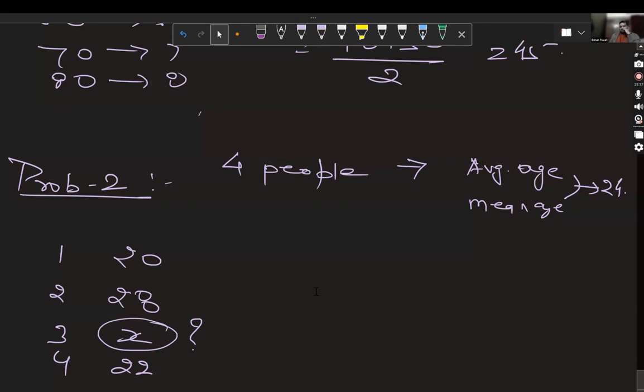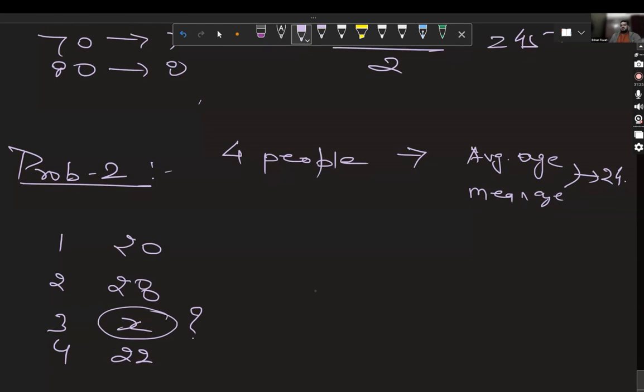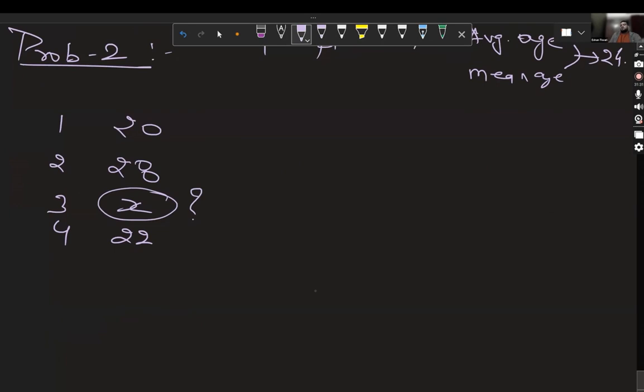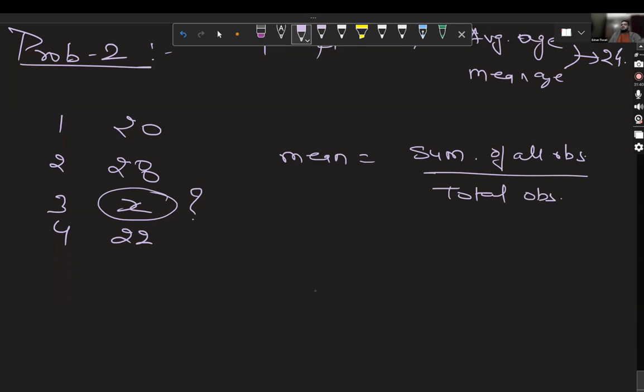Now how do we find it? We will solve it from first principles, which means solving from the basics. How do we calculate the mean? The sum of all observations divided by the total number of observations.